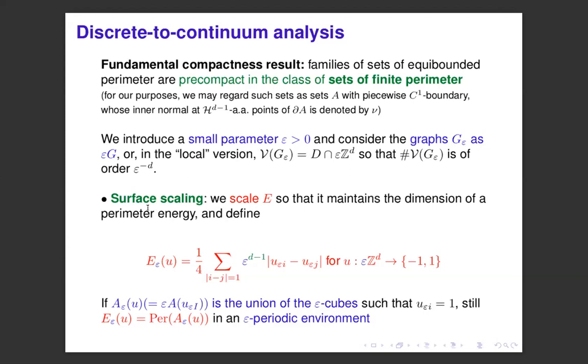And the important thing here is that we can define a scaled version of the energy by multiplying by a scaling factor, which is the surface scaling factor. With this, the energy is the same as before, just multiplied by a constant, but this constant gives that we still have the interpretation of the energy as a perimeter of the set, which is the union of the epsilon cubes centered in the nodes where u is equal to 1.